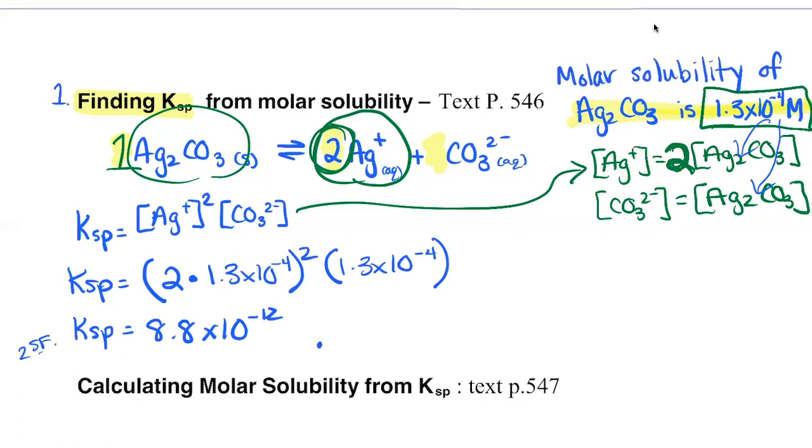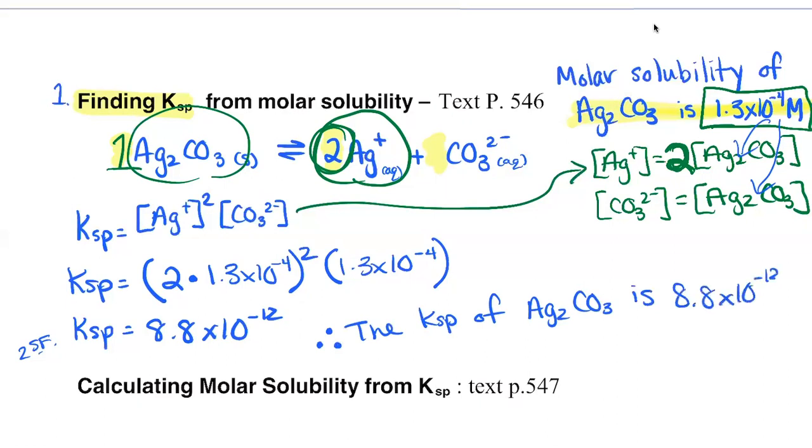Okay, so we can say, therefore, the KSP of silver carbonate is 8.8 times 10 to the power of negative 12.